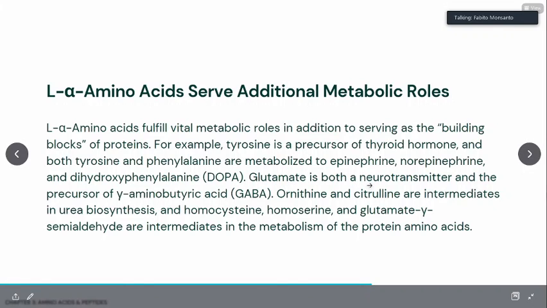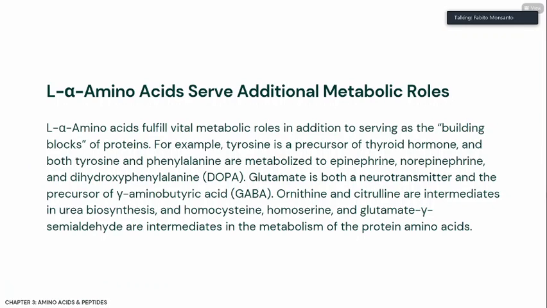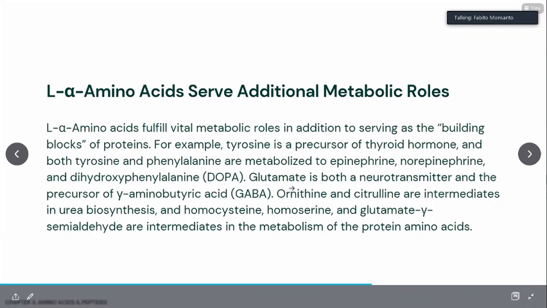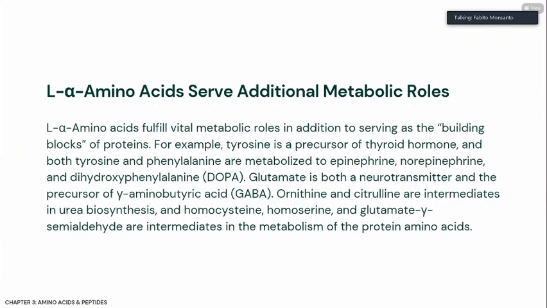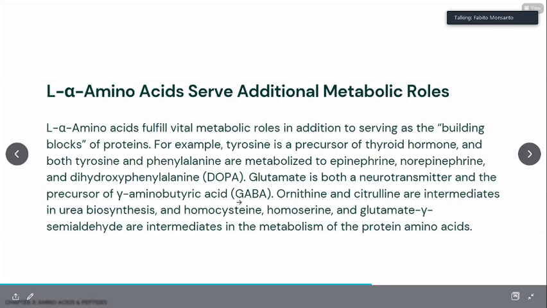I think you eat that every day. Bitsin. And what is glutamic acid? A neurotransmitter. It can affect your nerves. And also it can be transformed into GABA, or gamma-aminobutyric acid.